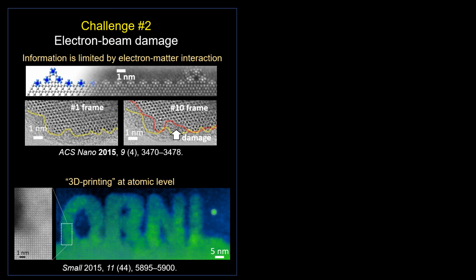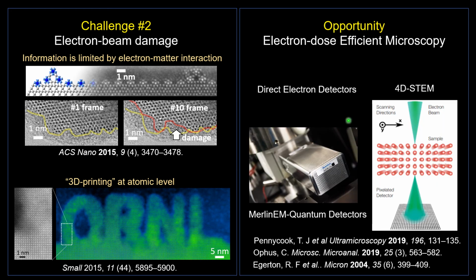To battle this challenge and to study the intrinsic material structure, we need to aim for electron dose efficient microscopy, where we try to get the most out of the limited dose determined by the damage mechanism. And the new opportunity nowadays is that there are new generations of electron detectors, where the electronic readout noise is eliminated.